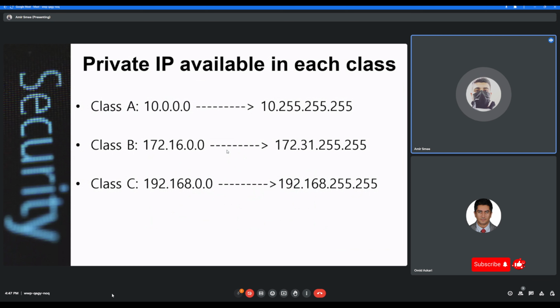And in class B, private IPs start from 172.16.0.0 to 172.31.255.255. And in class C, private IPs start from 192.168.0.0 to 192.168.255.255.